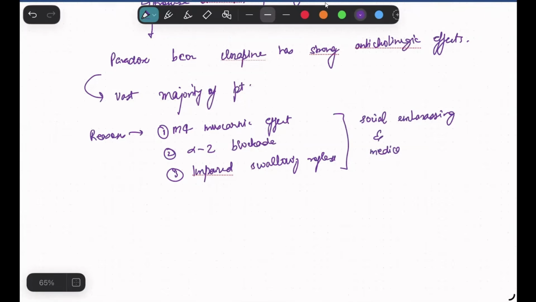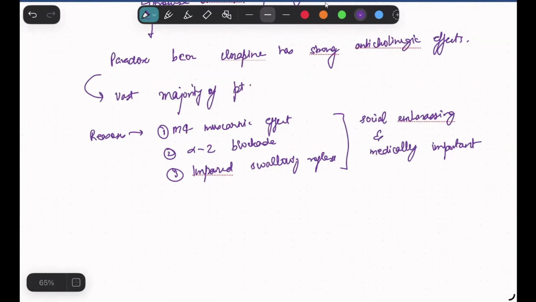If we ask how we will control the hypersalivation, someone will say that we can give a systemic anticholinergic, which will cause the blockade. But do you know what is the problem with giving a systemic anticholinergic in case of clozapine? Clozapine itself has an anticholinergic effect.